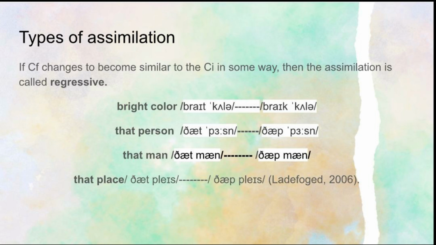First, instead of saying bright color, we say bright color. Instead of saying that person, we say that person. Instead of saying that man, we say that man. And the same happens with that place. Instead of saying that place, we say that place.